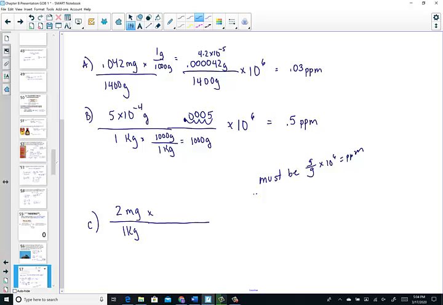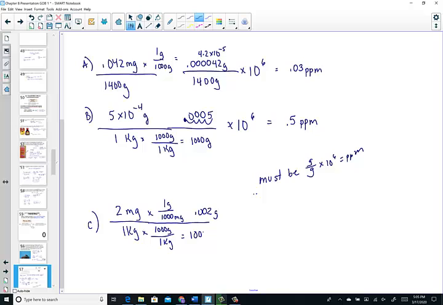So we know in 1 gram, there is 1,000 milligrams. Milli means 1,000. So that 2 is going to get divided by 1,000. You're going to move the decimal point 3 spots to the left, and you get 0.002 grams. We know kilo is a large unit, that it takes 1,000 grams to give us a kilogram.